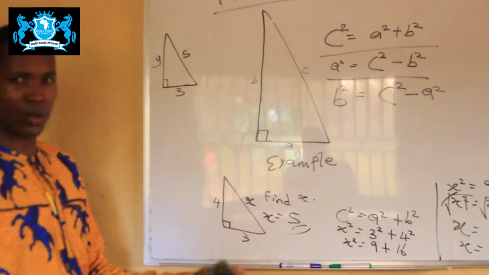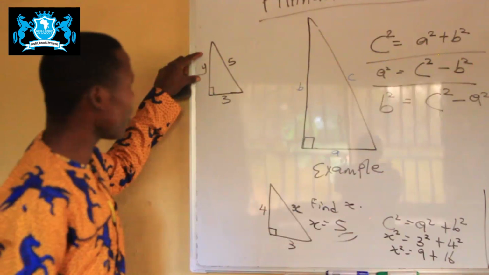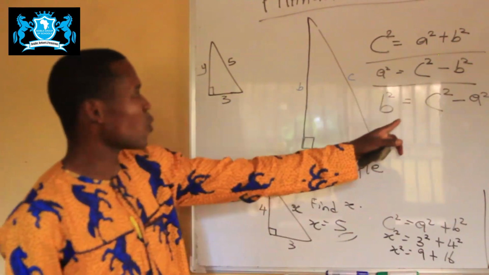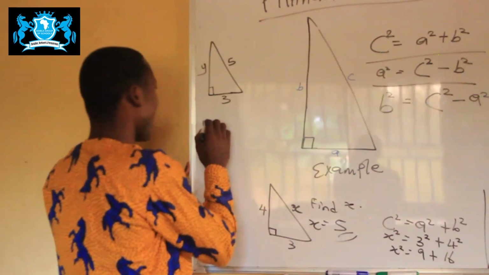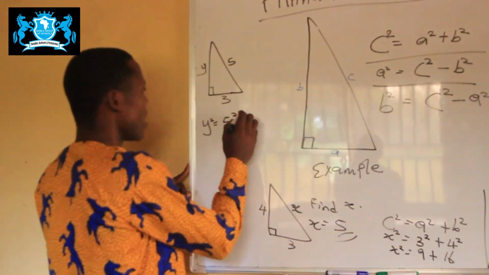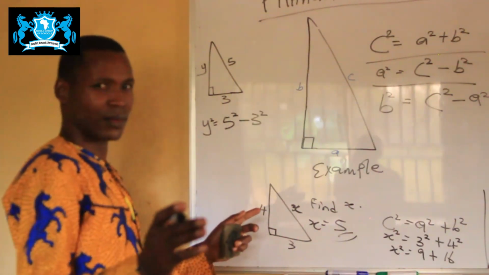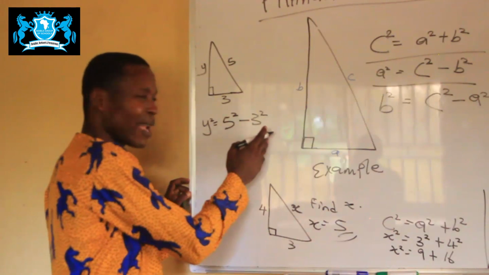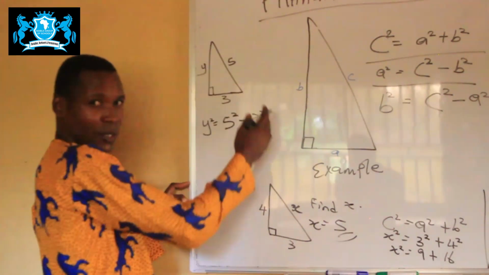The same method. Remember I said, if you are looking for your y, it will be y squared equals c squared minus a squared. y squared should simply be 5 squared minus 3 squared. Very simple. 5 squared minus 3 squared, because 5 is the hypotenuse.